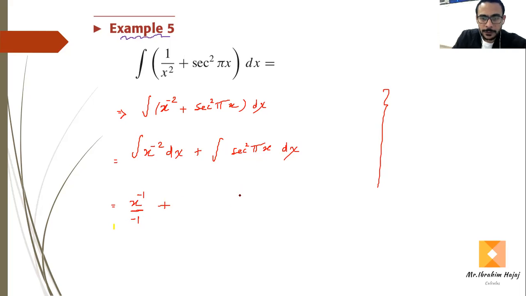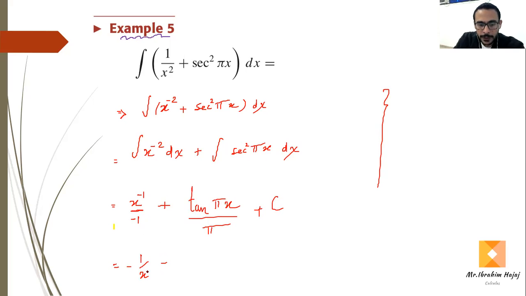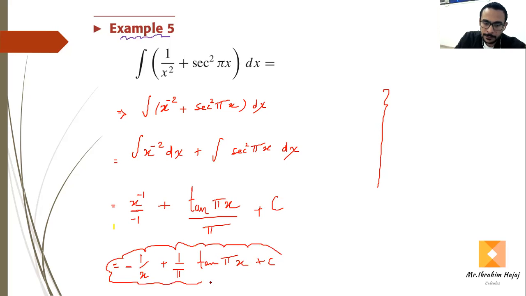The integral of 6 squared is 10 by x, plus c. So no need here to use the substitution method. My final answer is negative 1 over x, plus 1 over pi, 10 pi x plus c. This is example number 5.